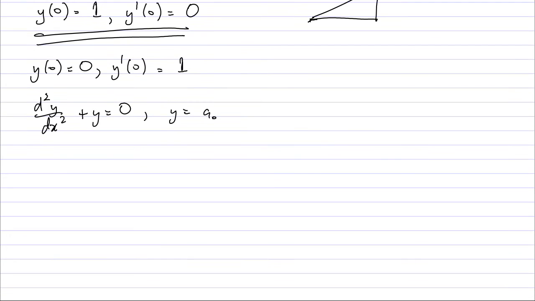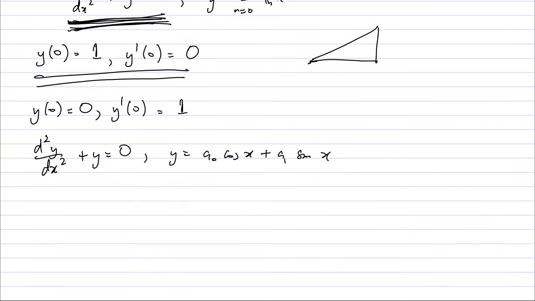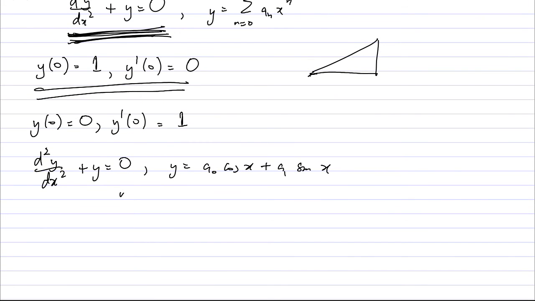You have a naught cosine of x plus a1 sine of x. And if y of 0 is 1, then you put 0 over here, and you get that a naught is given by 1, because cosine of 0 is 1.